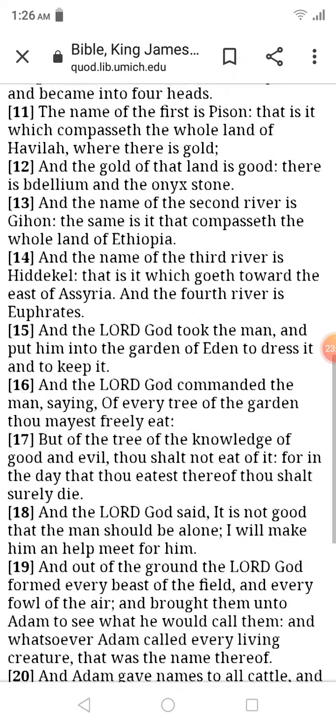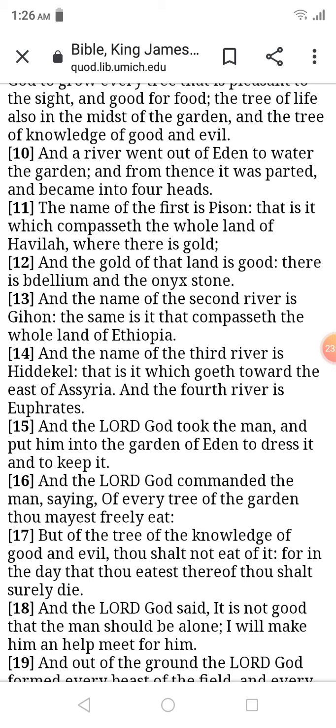So at 10, it tells you, and a river went out of Eden to water the garden, and from thence it was parted and became into four heads. The name of the first is Pison, that is it which compasseth the whole land of Havilah, where there is gold, and the gold of the land is good. There is bdellium and the onyx stone.